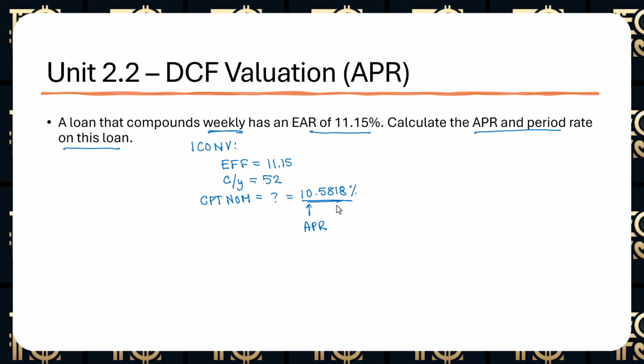Now, to find the period rate, what we're going to do is divide the APR by 52. Now, why are we dividing it by 52? Because we want to convert it to a weekly interest rate.